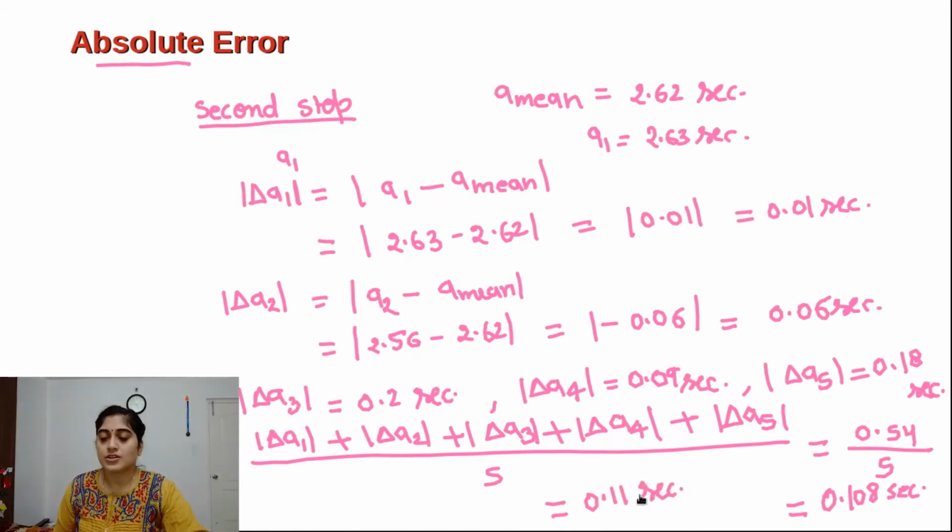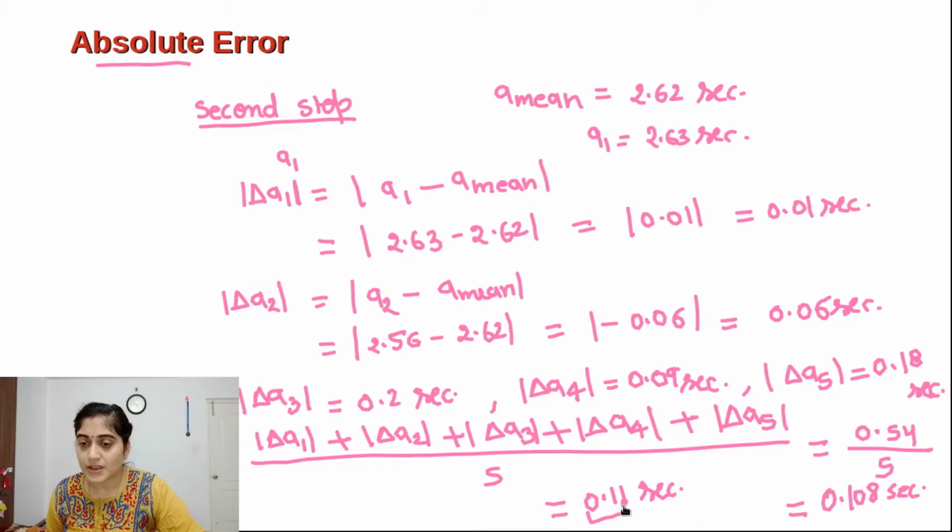Now here we are taking up to 0.1 second only. Why? Because the error is already in the 10th position, so there is no need to go to the 100th position.